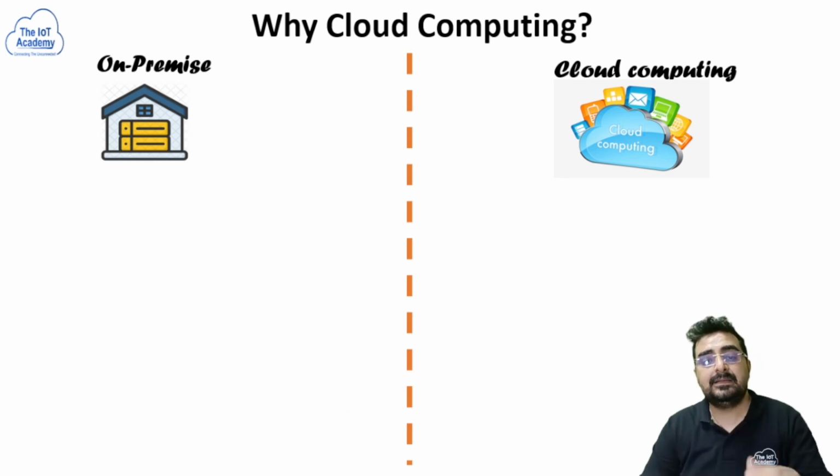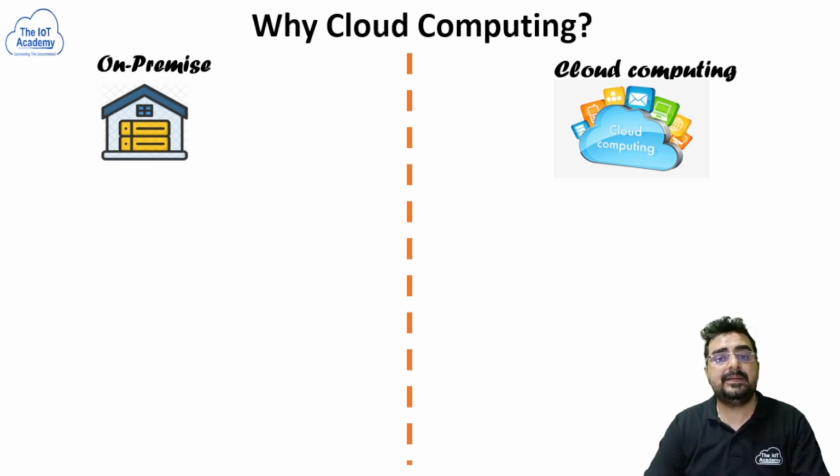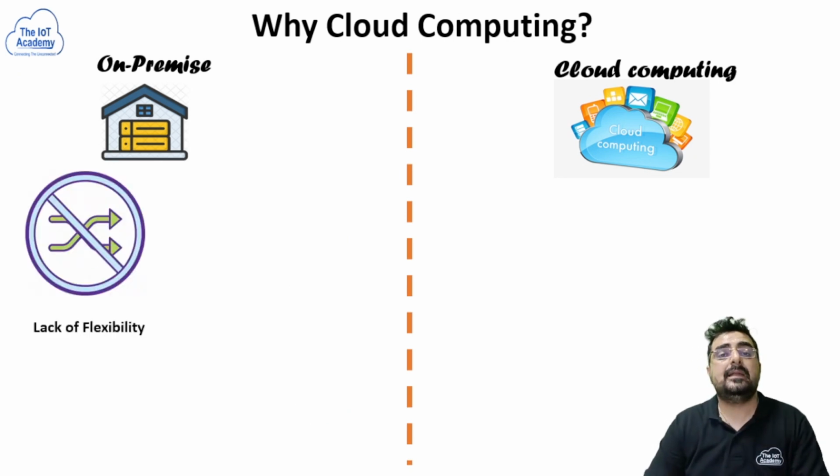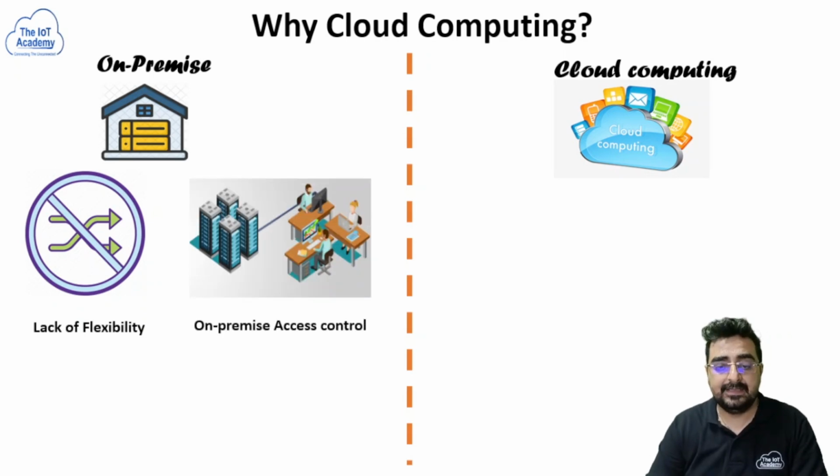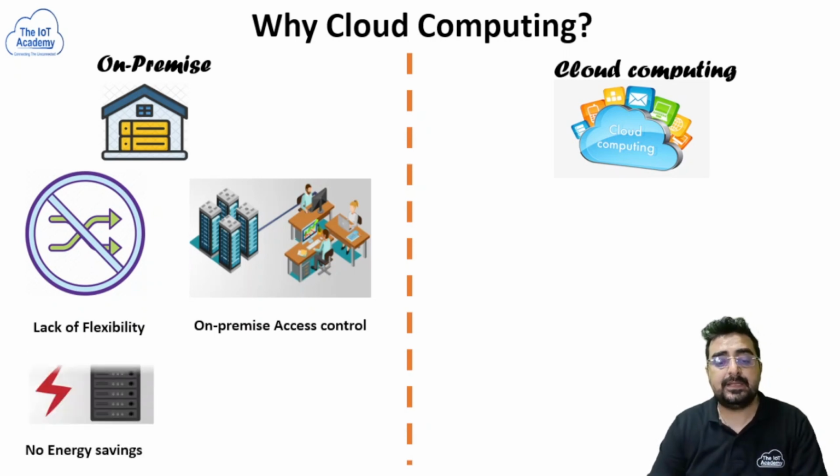There are some other demerits of on premises. There is a lack of flexibility. If we are using on premises services, if we are purchasing the hardware, there is a lack of flexibility. And also on premises we have to control access. We cannot do this work remotely.